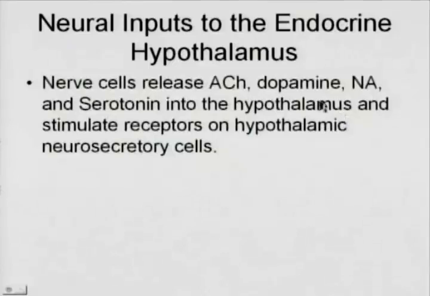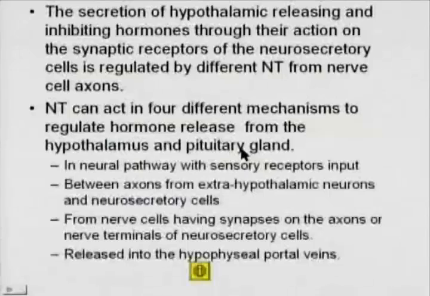Serotonin, and of course these are acting in the hypothalamus and stimulate receptors on the hypothalamic neurosecretory cells. We need to add to this list, of course, glutamate and GABA, the major gas pedal and brake, respectively, or excitatory and inhibitory neurotransmitters that act rapidly to depolarize or hyperpolarize, again, respectively, the neuroendocrine cells of the hypothalamus.